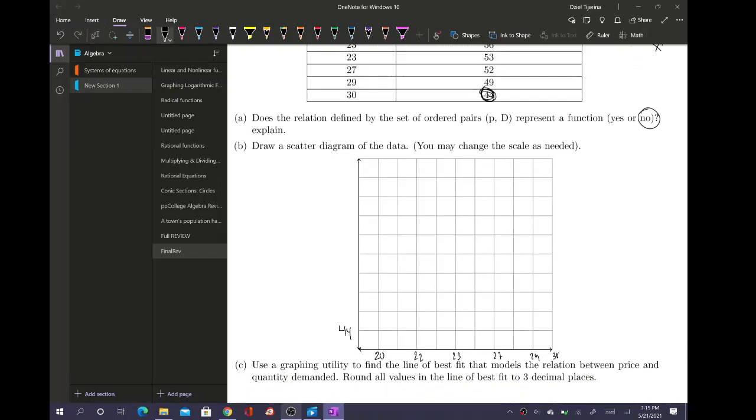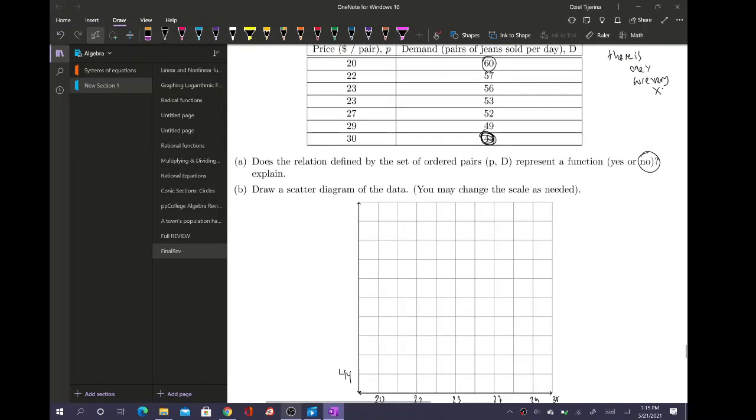So let's see, 44, and then we have 49, 57, or no, not 57, 52, 53, 56, 57, and 60.